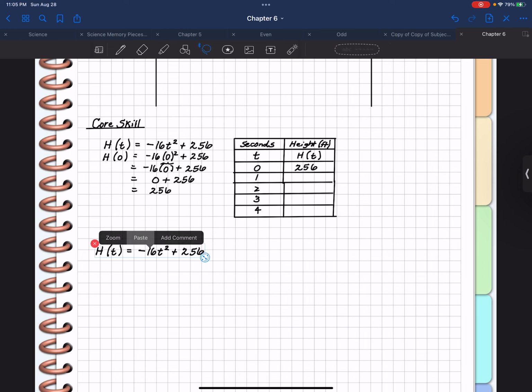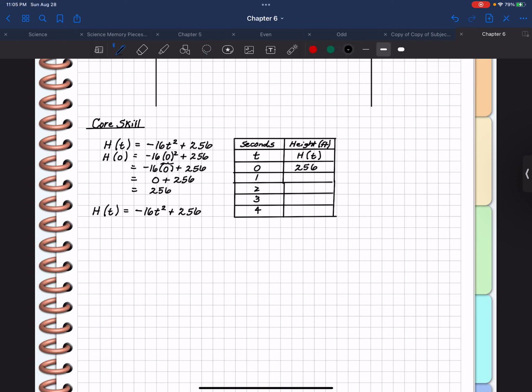Plug the formula in again, and let's use h of 1. So everywhere there's a t, I'm going to put a 1. So we have 1 to the second power is 1.